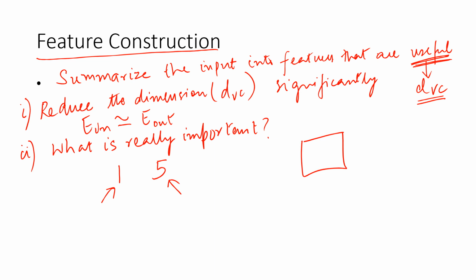If you imagine the square box, and 1 is written here, and again the square box, 5 is written here, divided into 16 boxes, and within every square box you count the black colored ones, the total number of black boxes will be different for 1 as compared to 5. So intensity is different for 1 and different for 5. This is from my knowledge of the problem, not of the data. I'm not looking at the data, I'm just looking at the problem, because the problem is to categorize 1 and 5.